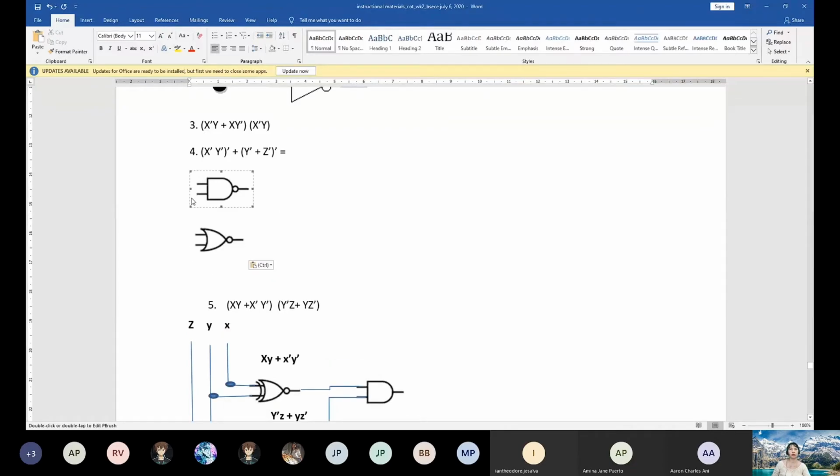So we have this one. For number 4, how many inputs?